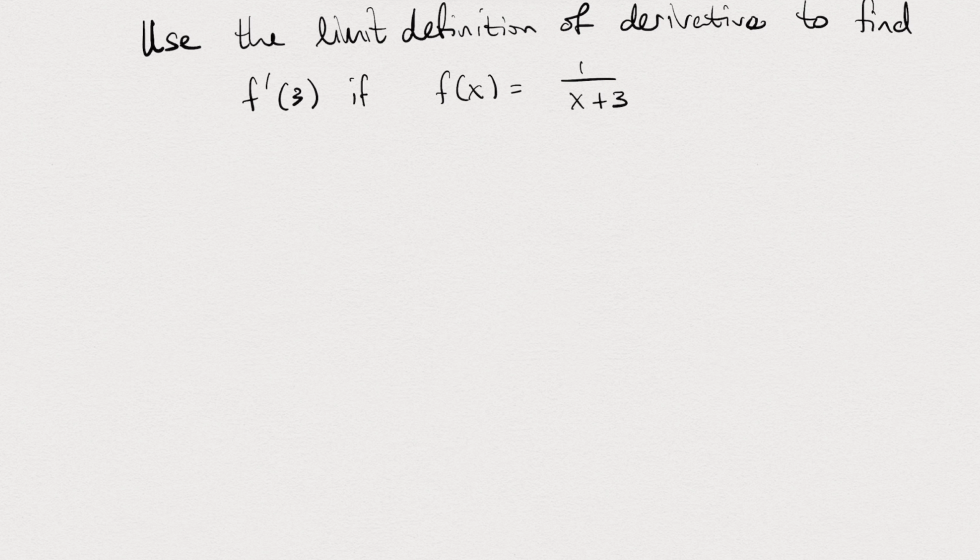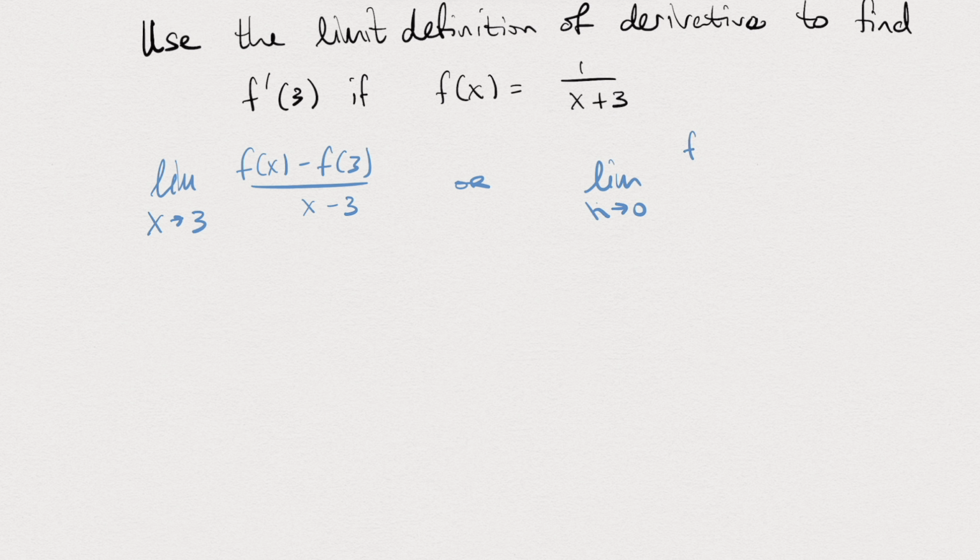Our two choices are the limit as x goes to 3 of f of x minus f of 3 over x minus 3, or the limit as h goes to 0 of f of 3 plus h minus f of 3 all over h. Let's just start both of these and see which one we like better.